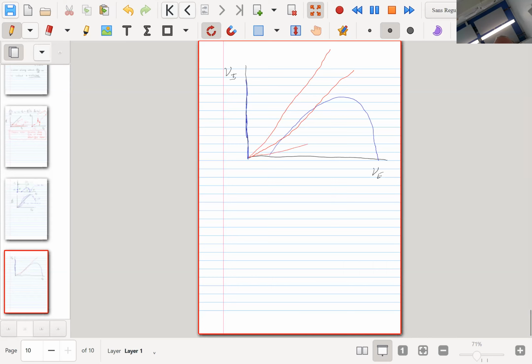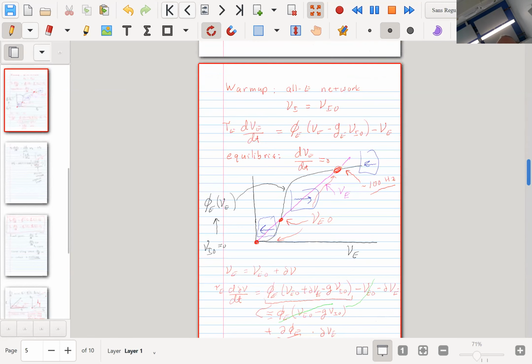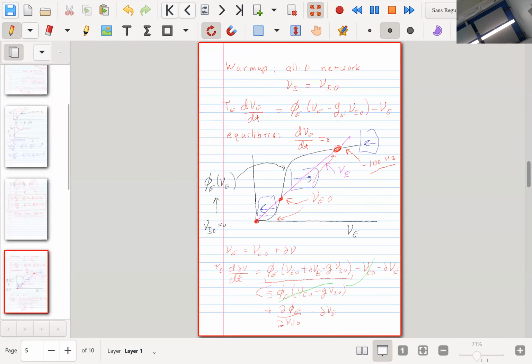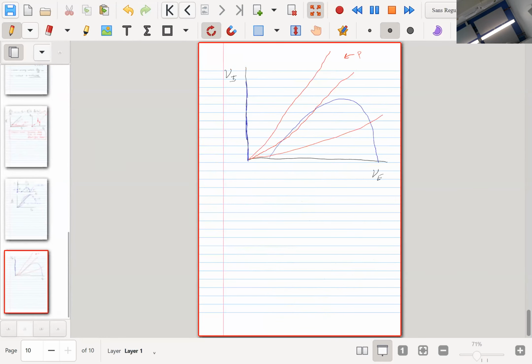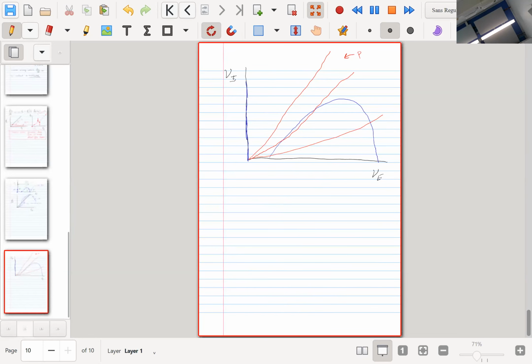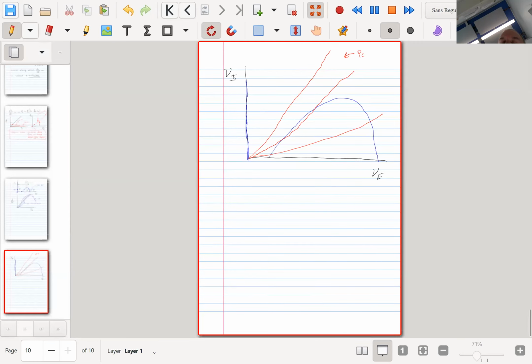So these are all possible inhibitory nullclines. We don't know which one it is.